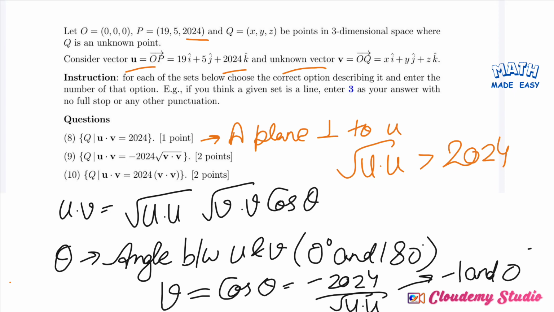So the given set consists of endpoints of all vectors that make a fixed obtuse angle with u, along with the origin. So it means this is an infinite cone.